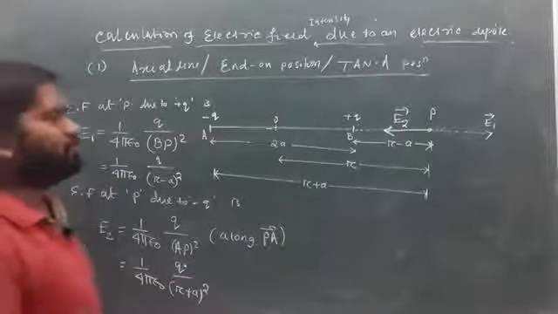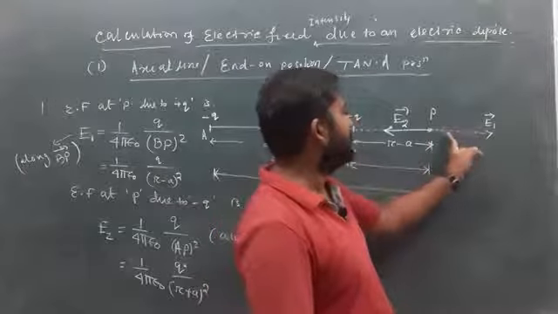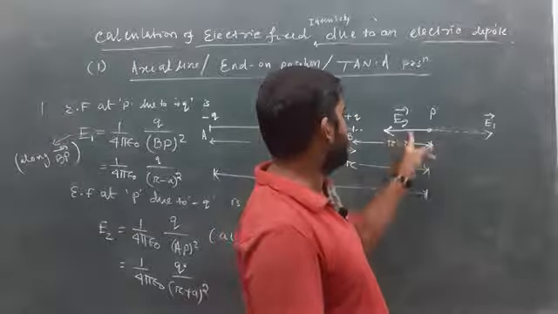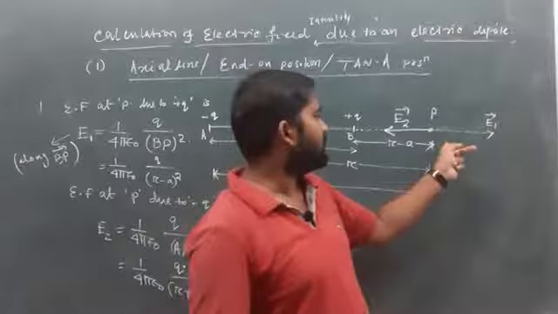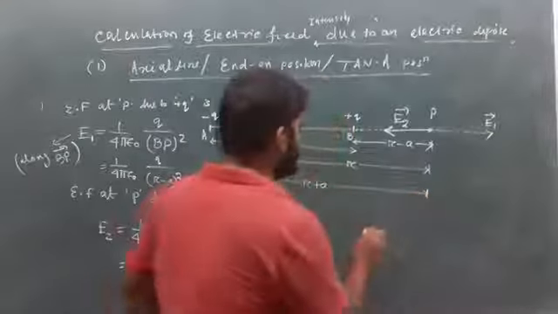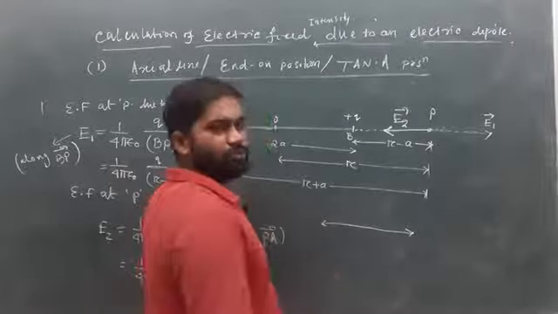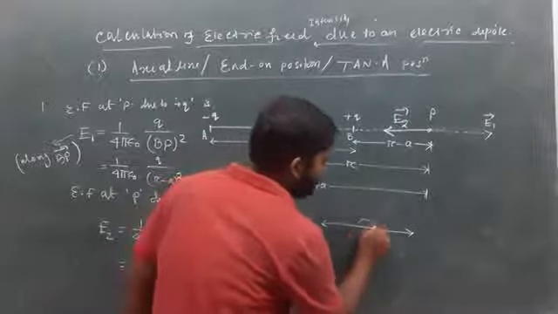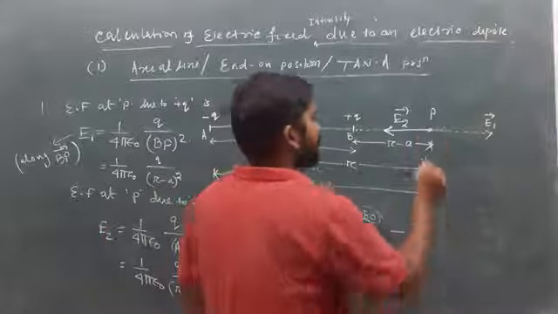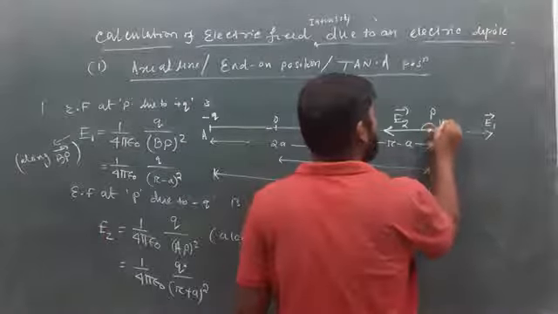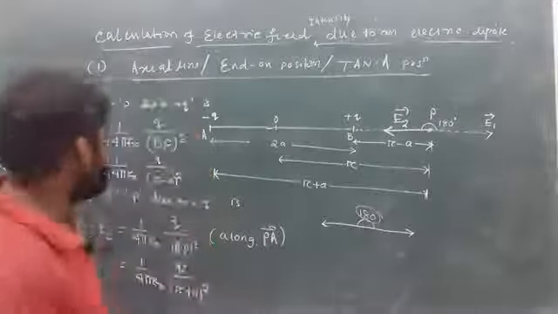Now if we look at the figure, at point P there are two different electric fields, E1 and E2. The angle between E1 and E2 is 180 degrees because they are acting opposite to each other. One is along this direction, and the other is directed opposite to the first vector. So at point P, E1 and E2 create an angle of 180.